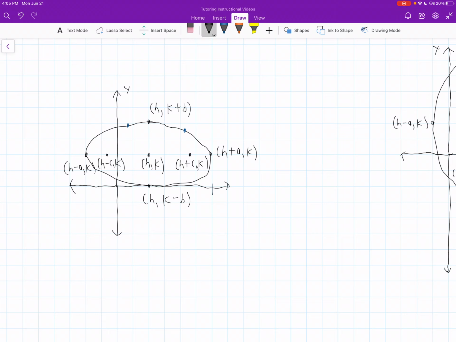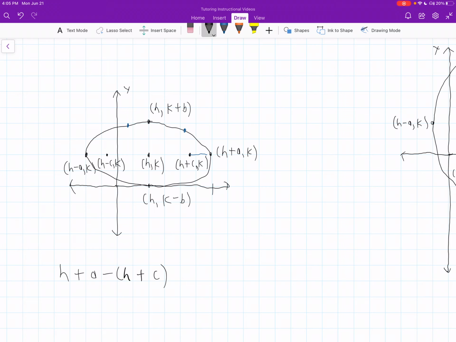First, the distance to the closer focus point: the y coordinates are the same, so the distance can only come from the x coordinate, and that distance would be h plus a minus the x coordinate of the focus point, h plus c.